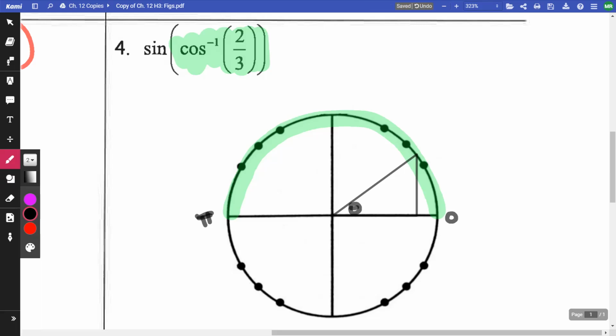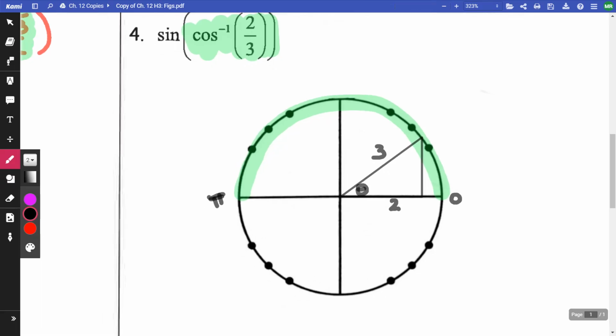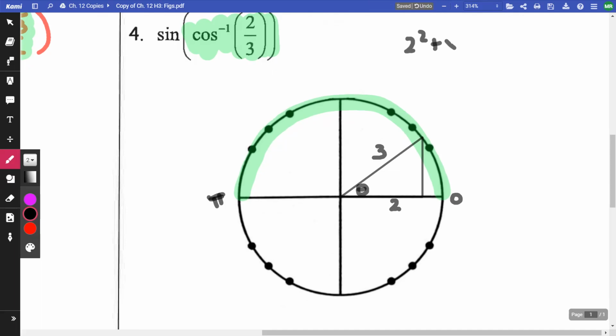Cosine is adjacent over hypotenuse. So at this point, I'm going to do Pythagorean. 2 squared plus, let's call it y squared, is equal to 3 squared. So y squared is equal to 9 minus 4, so y squared is equal to 5. This is going to be the square root of 5 here.